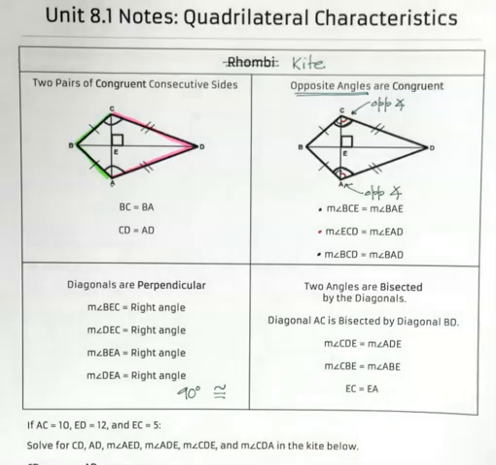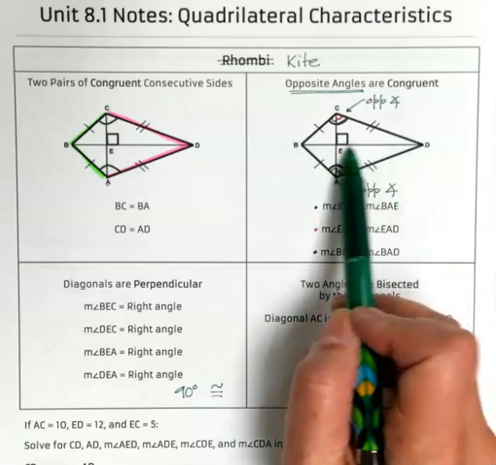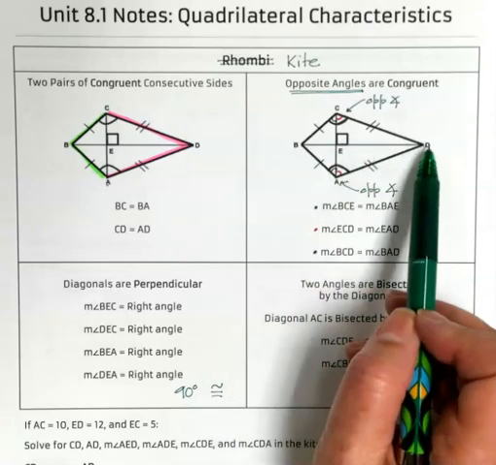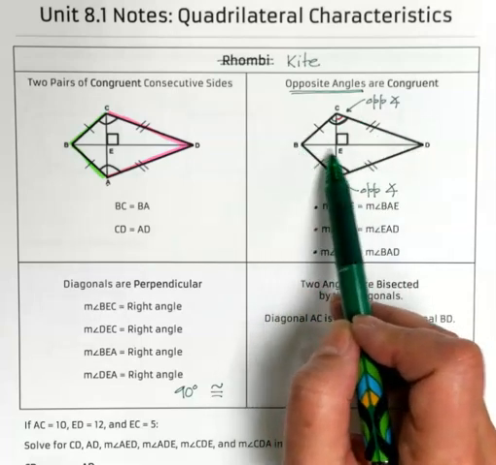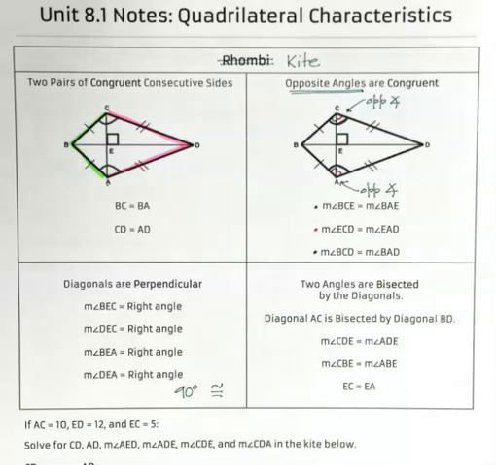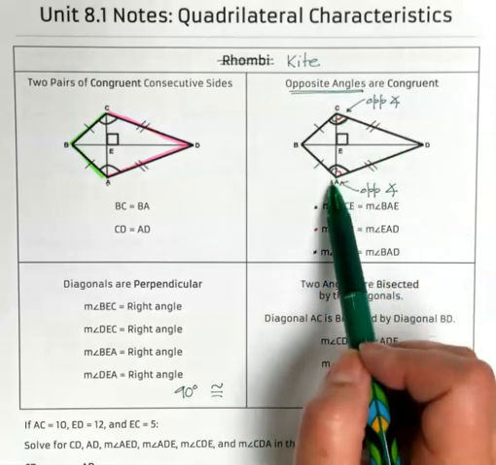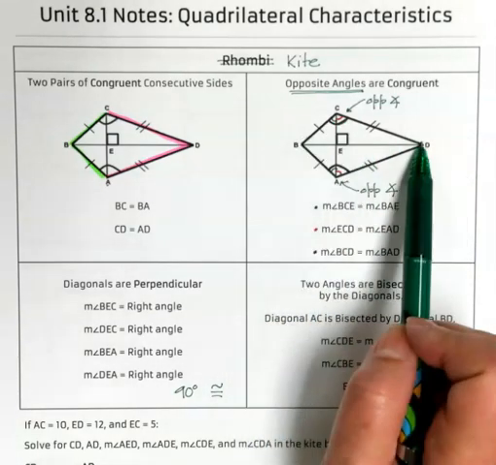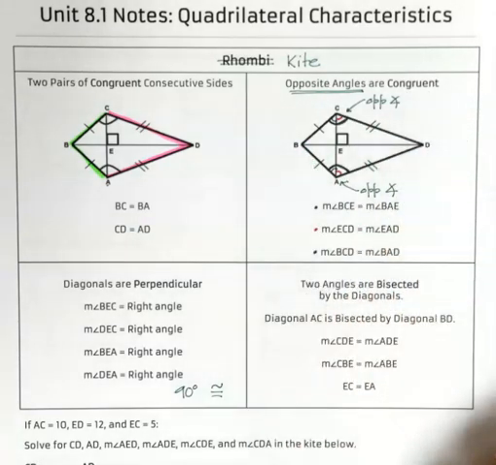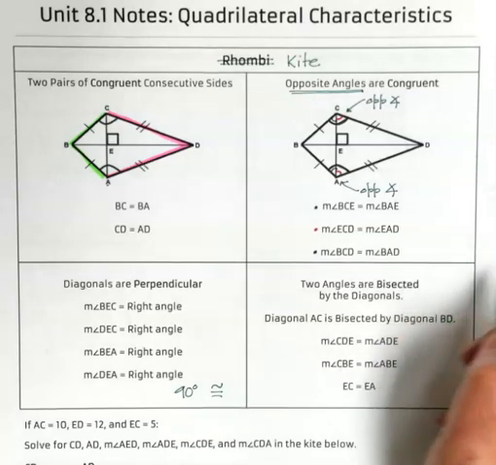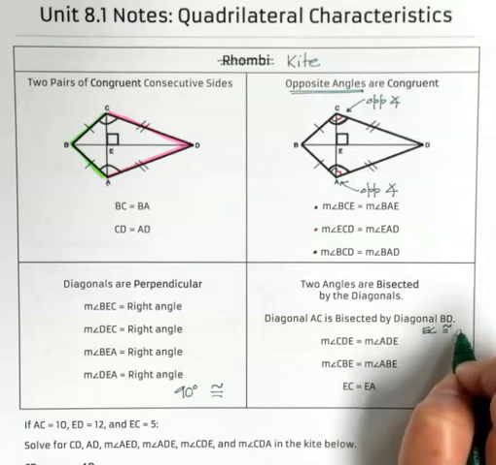There's also a special relationship with the two other angles. This diagonal that connects the two angles that are formed by consecutive congruent sides actually bisects it. Diagonal AC is bisected by diagonal BD. So since this diagonal is bisected by this diagonal, that tells us that EC is congruent to EA.